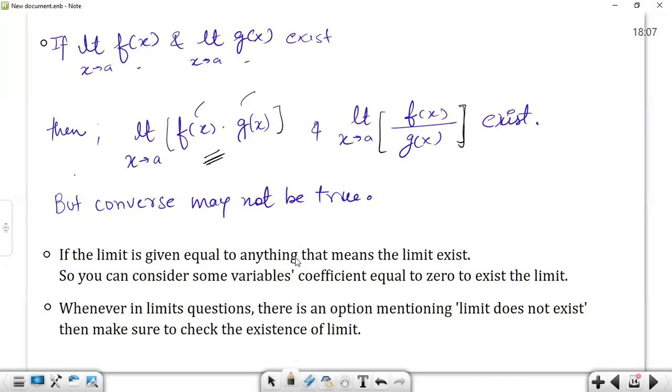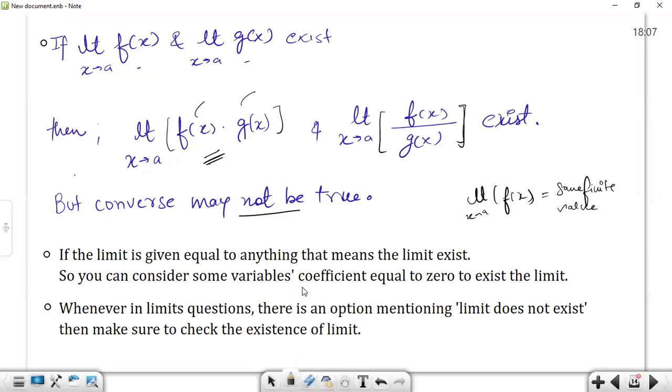If the limit is given as equal to anything, that means the limit exists. If there's a function whose limit is given as some finite value, then we can say that the limit of this function exists.